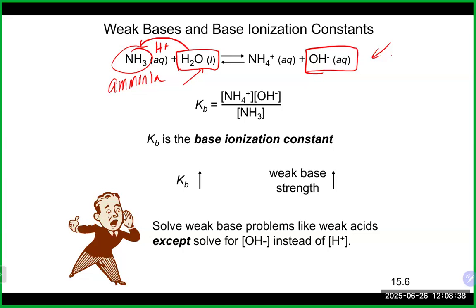Just like our Ka value, the Kb value, as it increases, the strength of that weak base gets stronger. And again, it's for the same reason, because if we have a large value of K, that means we should mainly have products at equilibrium. And if we mainly have products, that means that thing has released a good amount of free OH minus in that solution, which makes it a stronger weak base than another weak base.